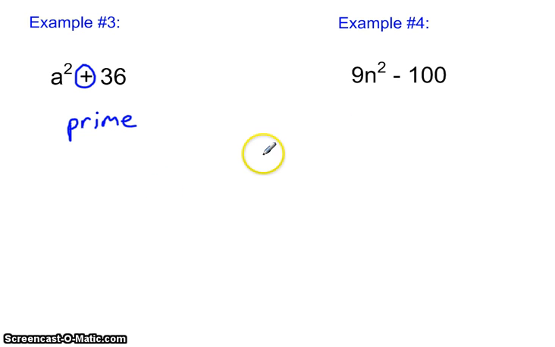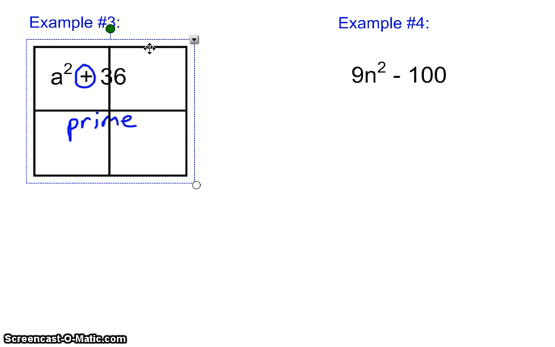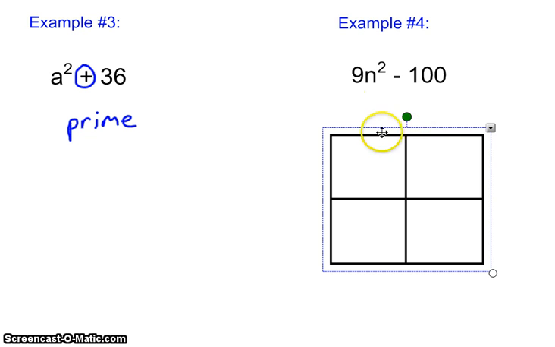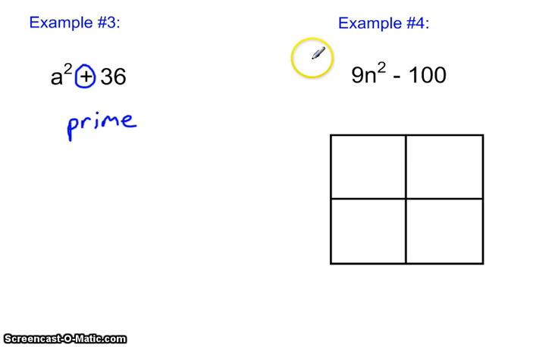And then example 4 is one we haven't seen yet. This is factorable. It's got a minus in the middle. The square root of 100 is 10. Although it's not just n squared, it's 9n squared, this is a perfect square. The square root of 9n squared is 3n.